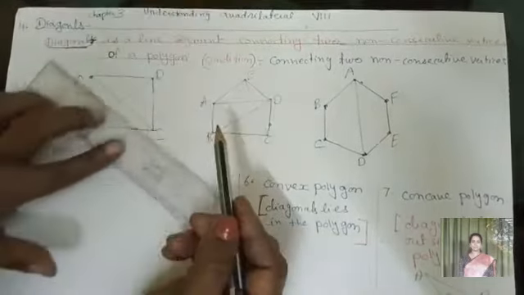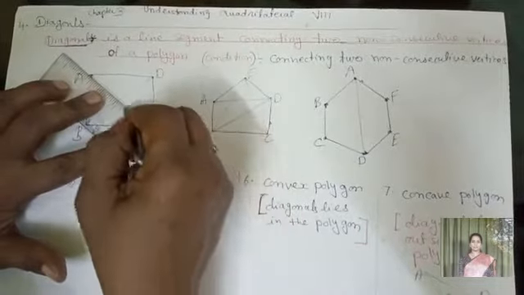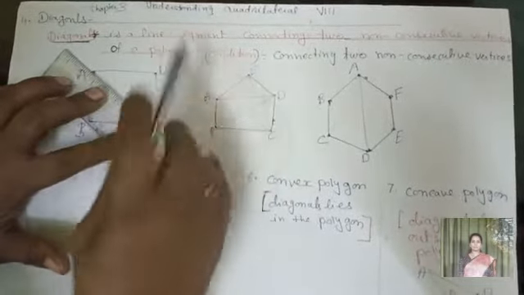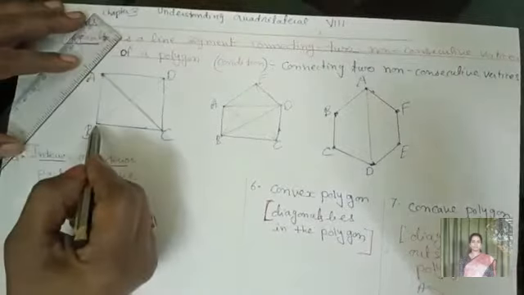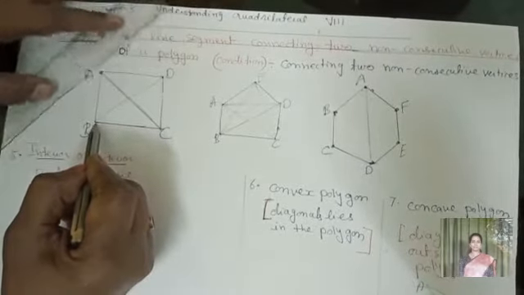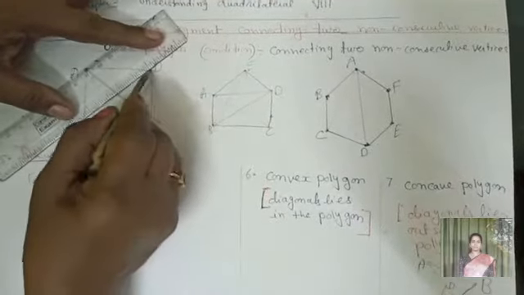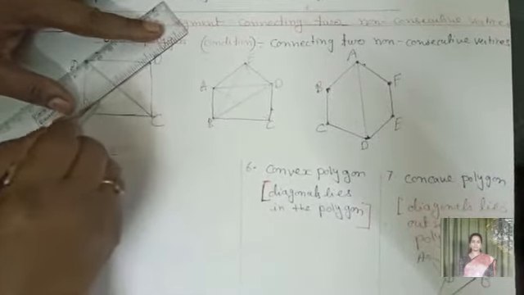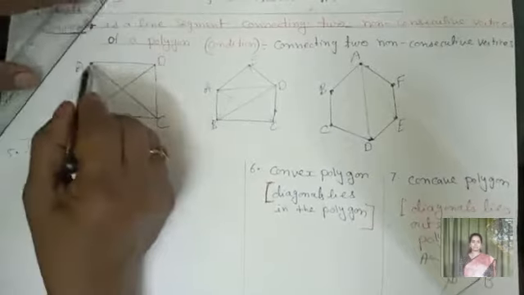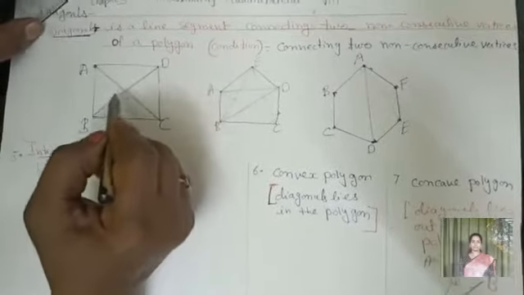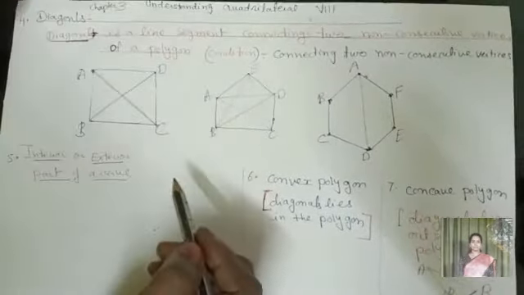So, we can draw diagonal AC. And if we take vertex B, then the non-consecutive vertex is D. So, we can draw BD. So, a quadrilateral ABCD has two diagonals.